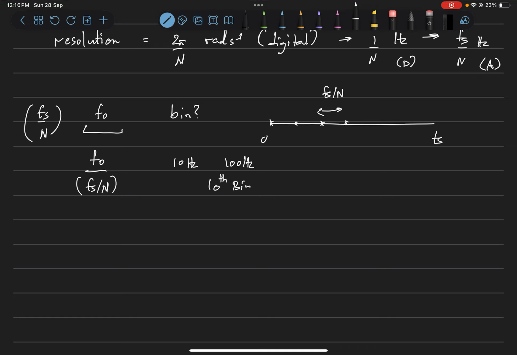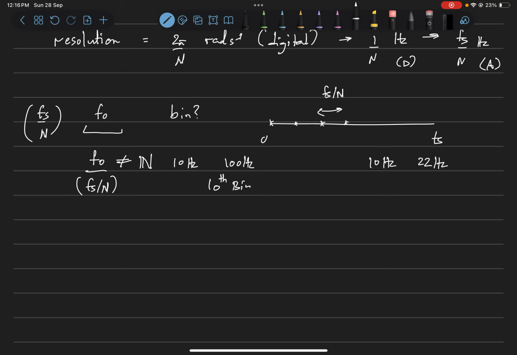Okay. So now what would happen when f0 by fs by n is not an integer? Let's say you had the value of fs by n as 10 hertz, and you had the value of f0 as, let's say, 22 hertz.